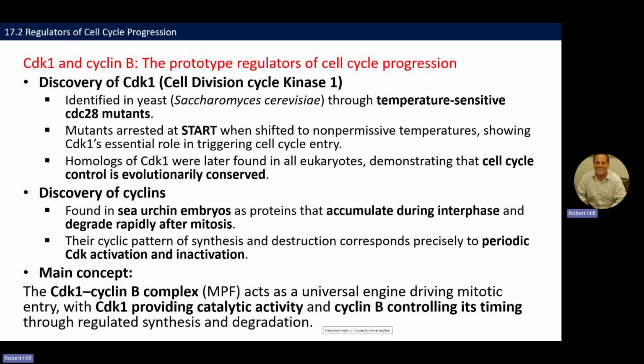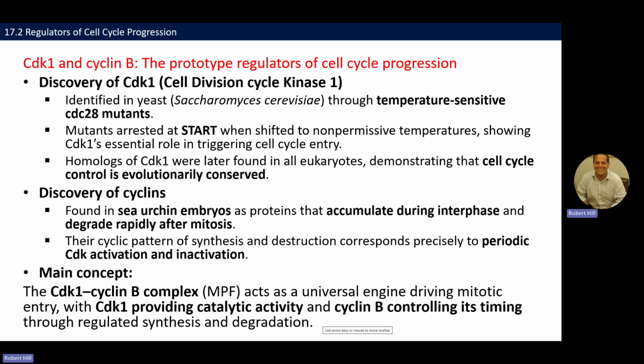So that's how the CDKs were discovered, through studies in yeast. Around the same time, studies in sea urchin embryos revealed another family of proteins called the cyclins. They accumulate during interphase and disappear rapidly after mitosis. They have oscillating levels that parallel the activity of MPF.